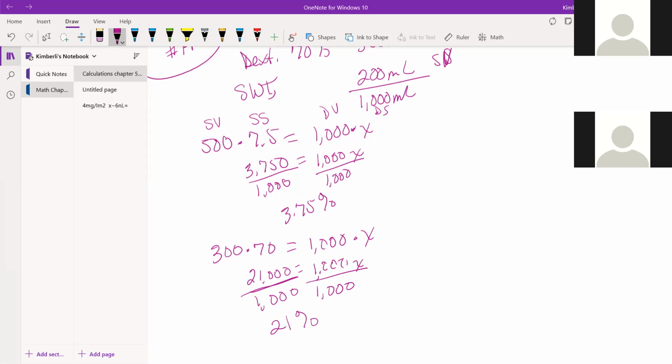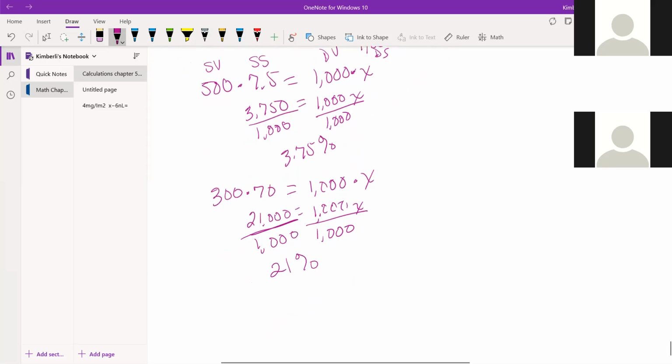So I'm going to end up with 21%. Now, is that less than 35%? Yes. So that makes sense then, right?